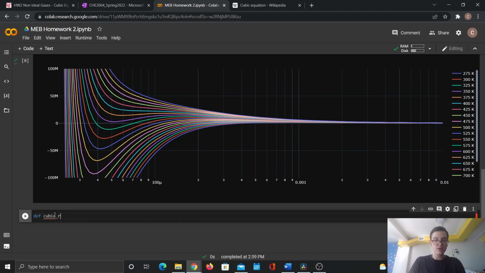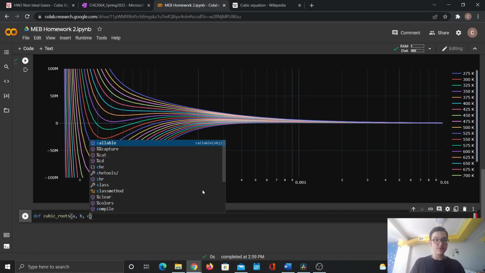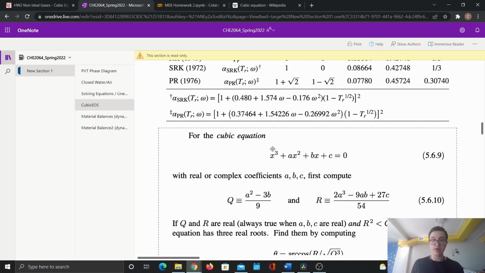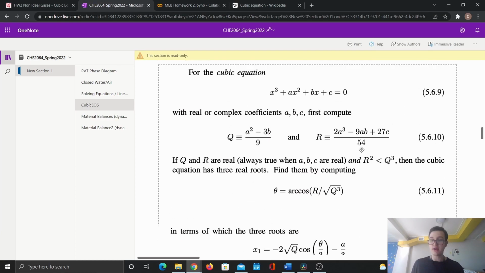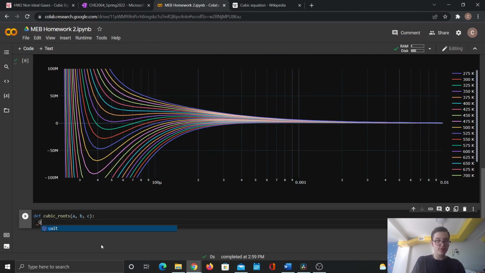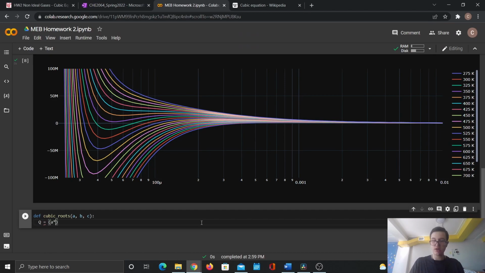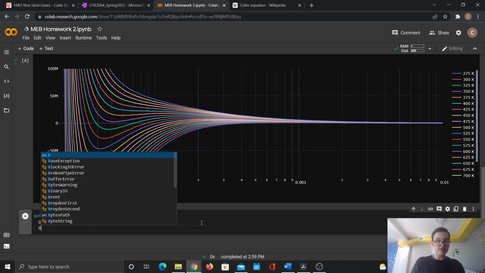So define cubic roots with given values of A, B, and C. Given those values, we need to input Q and R. Q is equal to A squared minus 3 times B, divided by 9.